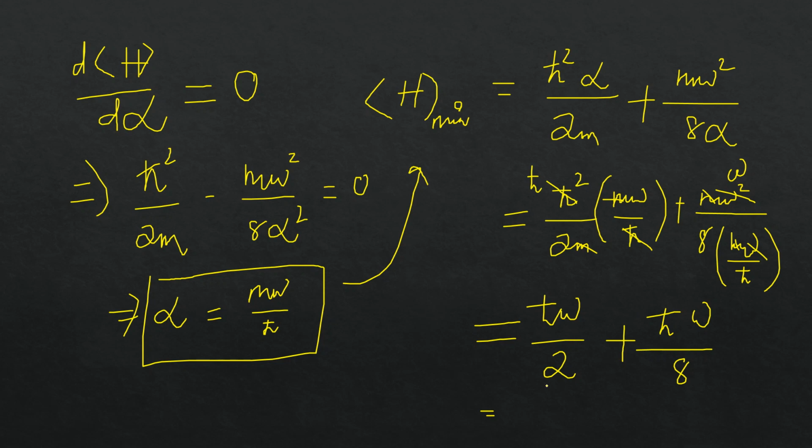This will be 4 plus 1, 5 h cut omega by 8. This would be the answer for H minimum. Wait, there is a mistake. We should not get 5 by 8, because H minimum for the harmonic oscillator is half h cut omega, right?